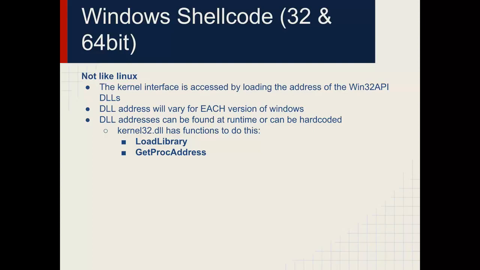I don't think it's in our textbook, The Art of Exploitation, but essentially Windows shellcode involves accessing the provided API for the Windows kernel, which is the Win32 API, and the DLLs associated with it. And then you want to load the libraries and get the proc addresses for whatever functions you want to run, and simply call the procedures.